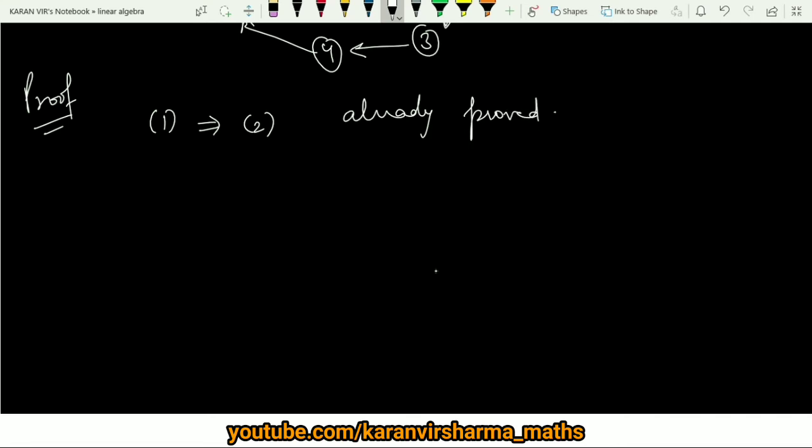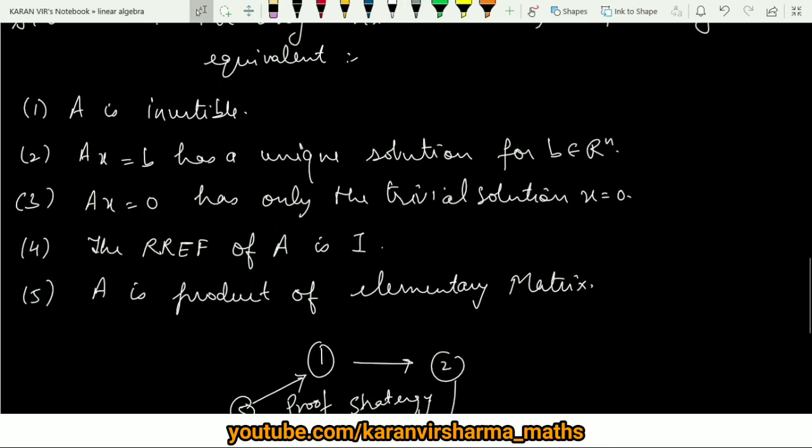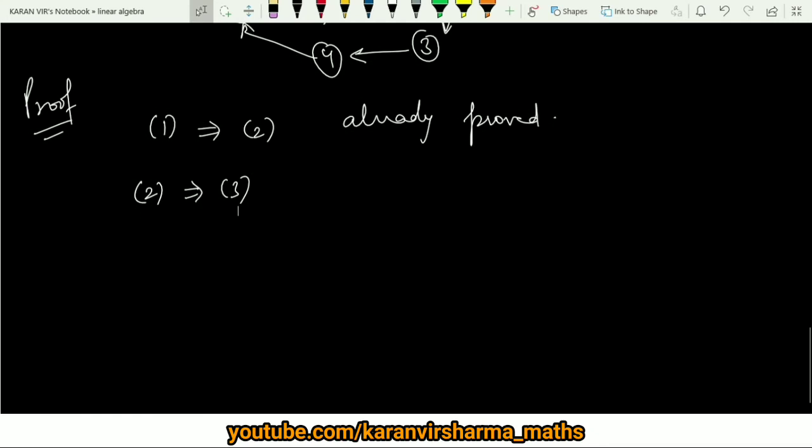Now let us move from the second statement to the third. That is how we prove equivalent statements in mathematics. The second statement was Ax equals b has a unique solution, correct? And the third statement says that it has only the trivial solution.